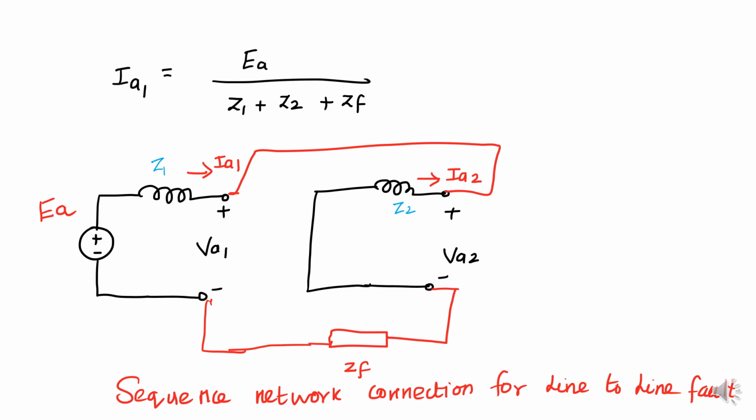First draw this positive sequence network, then draw the negative sequence network. Then Z1, Z2 and ZF are connected in series, so all are connected in series. The currents IA1 and IA2 oppose each other, IA1 equals minus IA2. You have to draw it like this. Connect all of this, and we get the sequence network connection for the line-to-line fault.